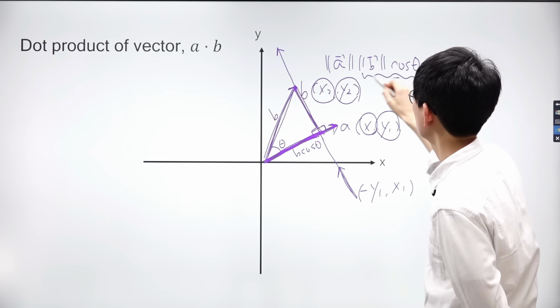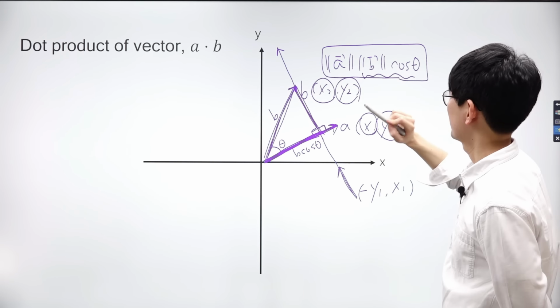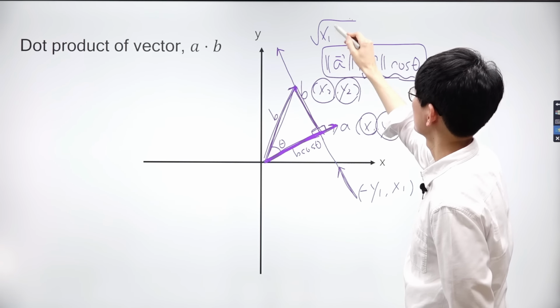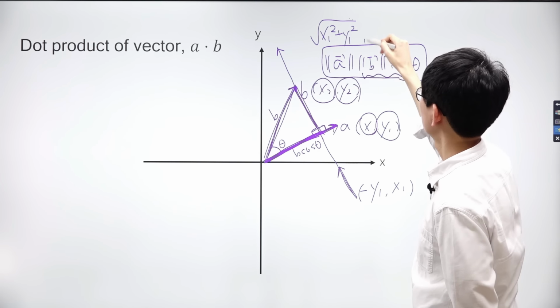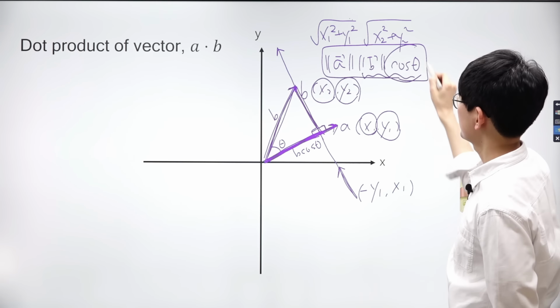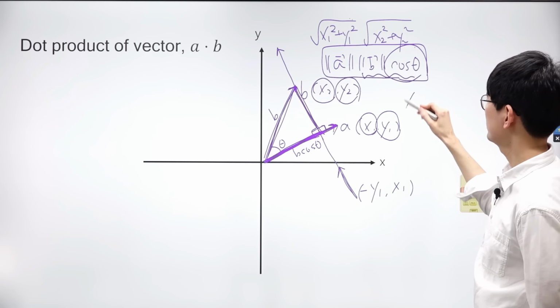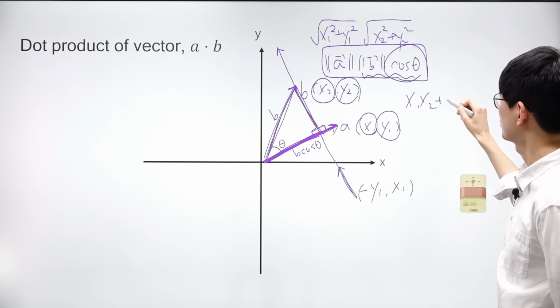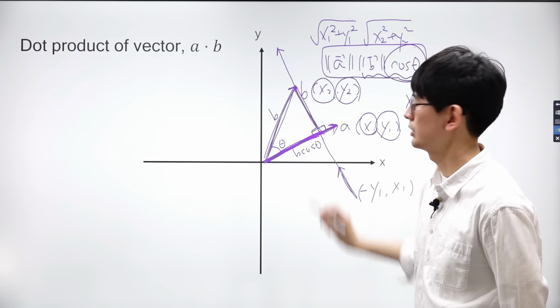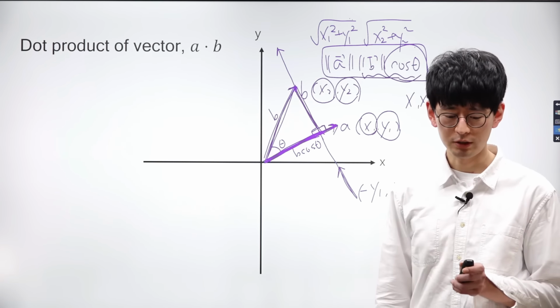You can find the length of vector A by taking the square root of the sum of the squares of its elements x1 and y1. Similarly, you can find the length of vector B. If you calculate the product of the length of vector A and B and cosine theta, you will eventually arrive at the same values obtained by summing the products of their corresponding elements.